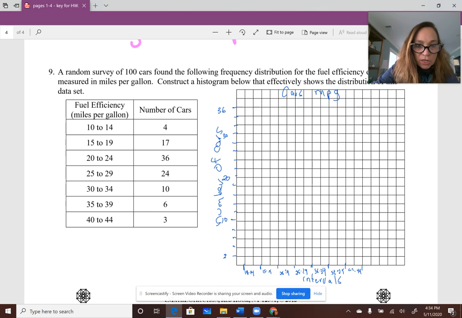Okay. So 10 to 14 is 2. So up, over, and down. It does look better if you color it in. 15 to 19 goes to 17. And then 20 to 24 goes all the way up to 36.